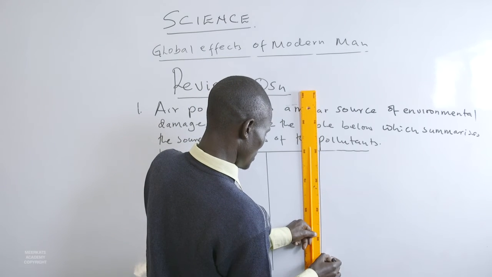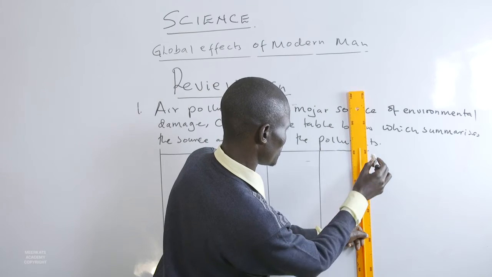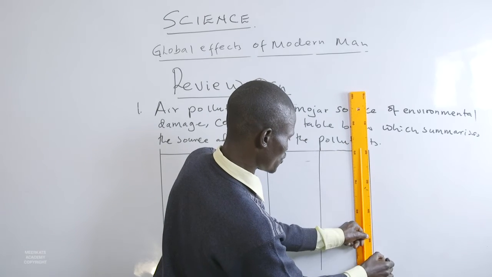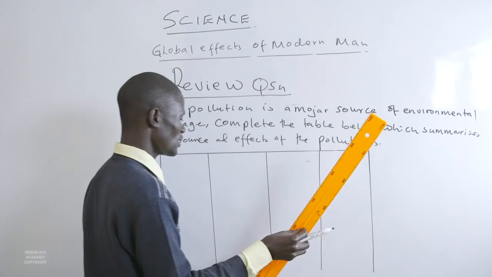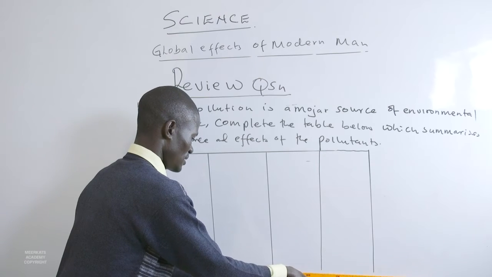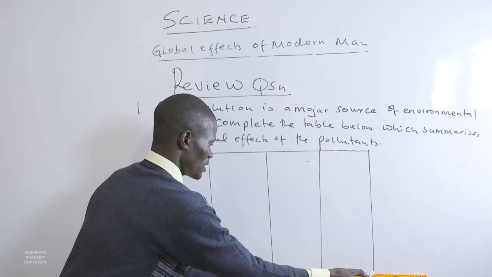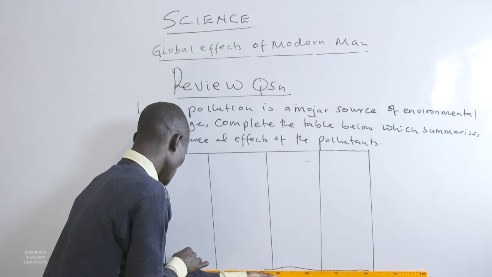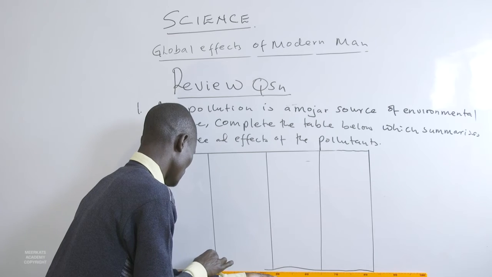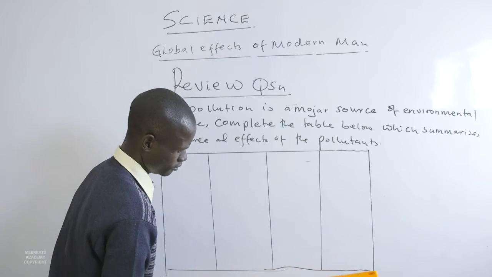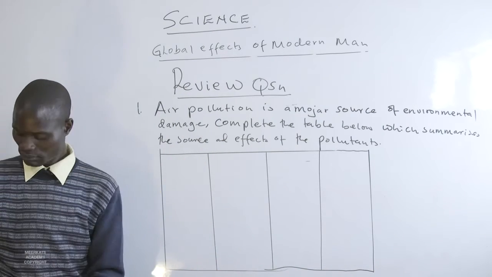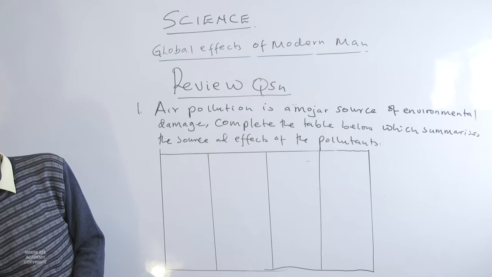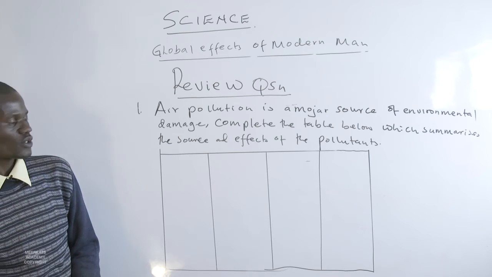When we look at air pollution, we are able to find out the major parts that are playing. What are these pollutants and what are we doing about them? We have the pollutant, the source.